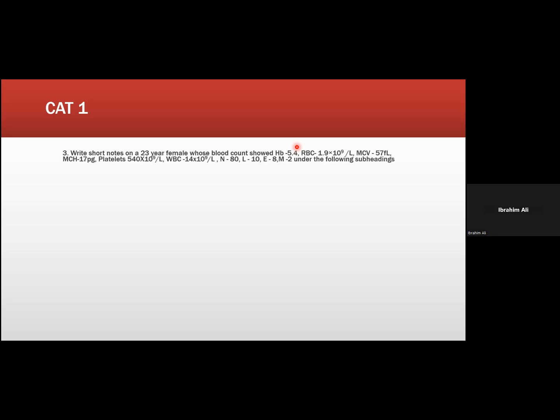So the question goes: write short notes on a 23-year-old female whose blood count shows Hb is 5.4, RBC is 1.9 times 10 power 9 per liter, mean corpuscular volume is 57 femtoliters, MCH is 17 picograms, platelet is 540 times 10 power 9 per liter, WBC is 14 times 10 power 9 per liter, neutrophils 80%, lymphocytes 10%, eosinophils 8%, monocytes 8%.